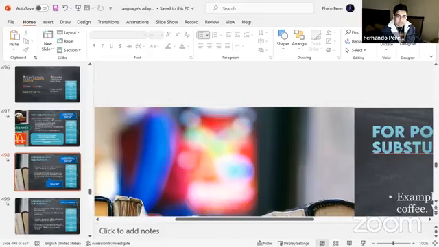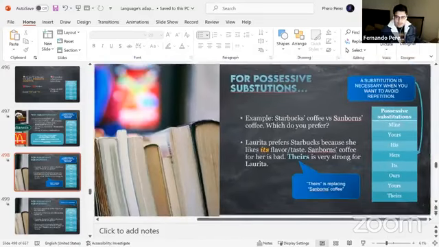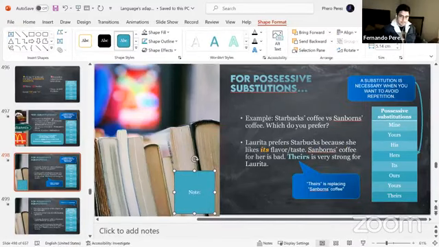There is a little note. Remember that when we talk about companies, restaurants, bars, hospitals, etc., you can use the pronouns it or they.